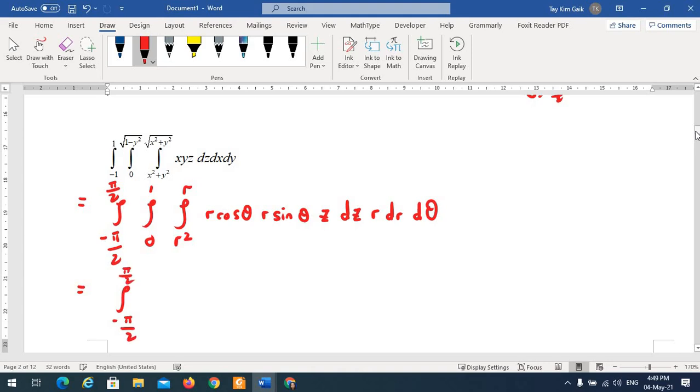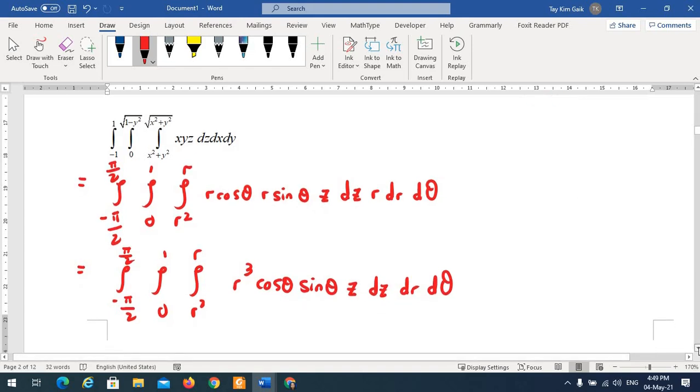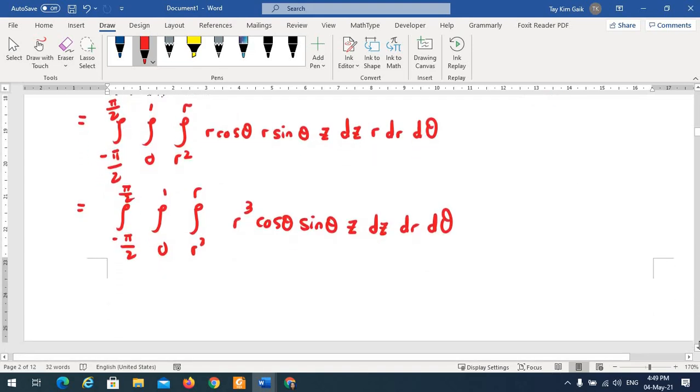Take it first. r squared times r cube cos theta sin theta, okay, we got z, dz, dr, d theta. Integrate respect to z, r and theta are constant.